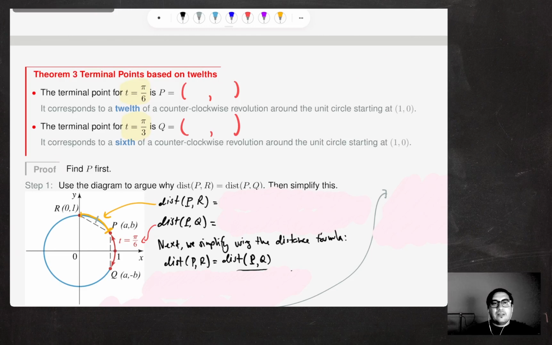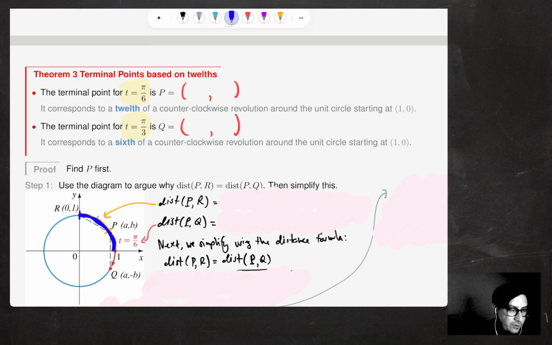So P to R, that's this orange distance here. And the distance from P to Q, that's from P going along the red all the way down to Q. We should argue that these are both the same. One way to think about it is, we actually know what the distance is from here all the way down, pi over 2.